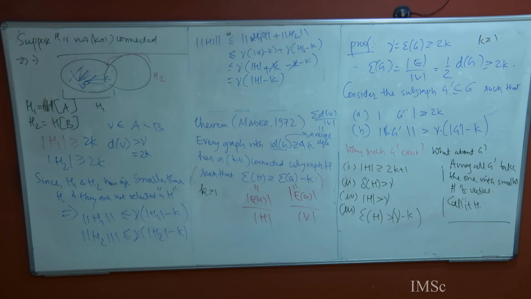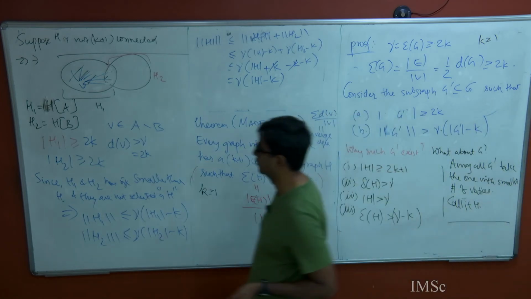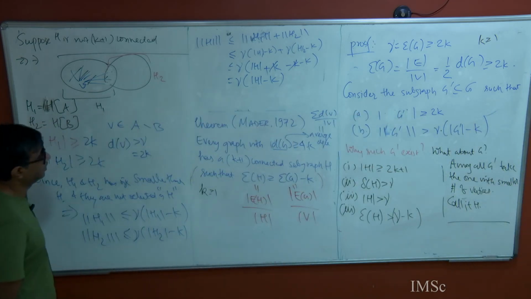Agreed? Yeah, G just satisfies that it has an average degree at least 4k. That's all that it satisfies. I don't know of an algorithm. I've never thought about it, so I cannot tell you a priori.